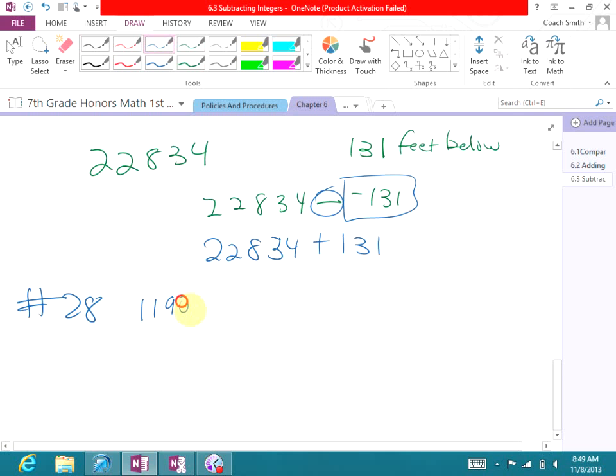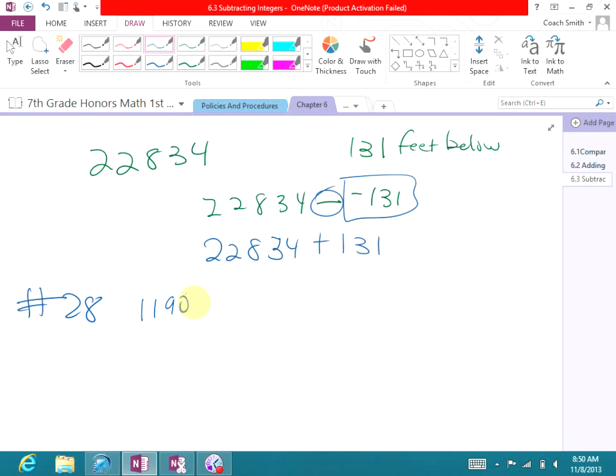$1,190. Okay. The problem is that you have to understand, are they going up, or are they going down?